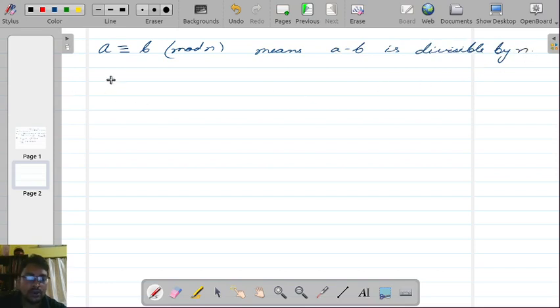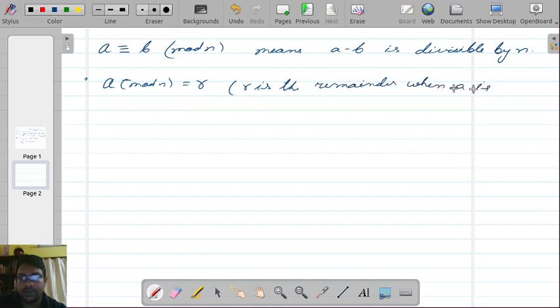And by our division algorithm, if a mod n is equal to r, that means r is the remainder when a is divided by n.